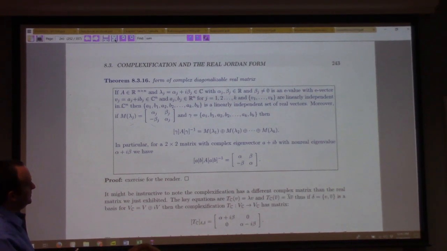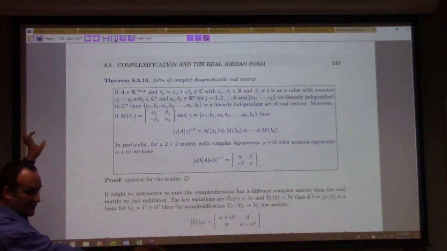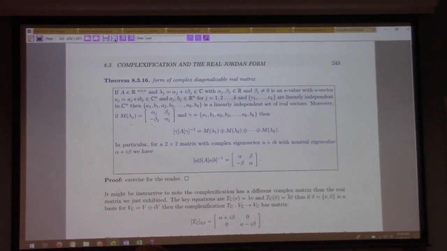Then if you do a similarity transformation by the real Jordan basis formed by stringing out real, imaginary, real, imaginary of your complex eigenvectors, then you get a direct sum of these real Jordan blocks. It's just like those 2 by 2 blocks down the block diagonal. It's not diagonalized, but it's close to it. It's almost diagonalized. It's as good as we can do.